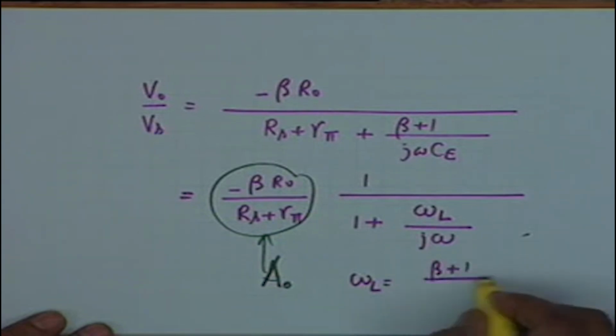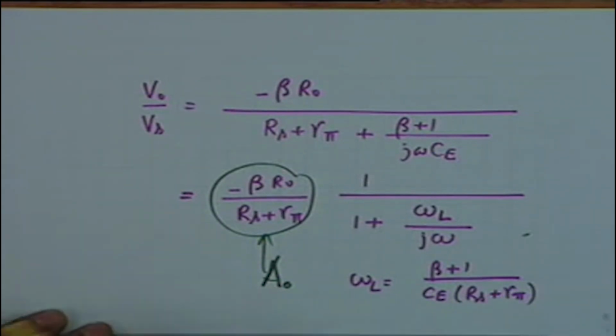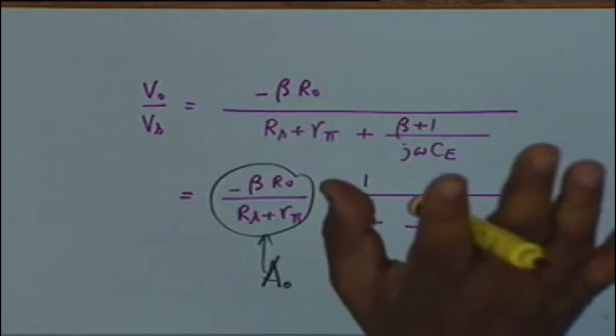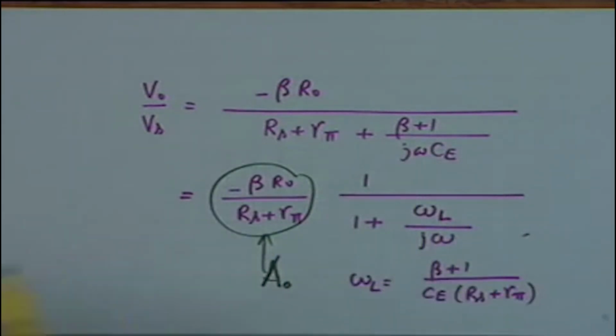Beta plus 1 divided by Ce times Rs plus R pi. Can you see why I call this omega L, the low frequency 3 dB point? Because it was by design. I assumed Cc1 and Cc2 to go to infinity. So Ce now determines the low frequency 3 dB point, or the low frequency cutoff point, alright.